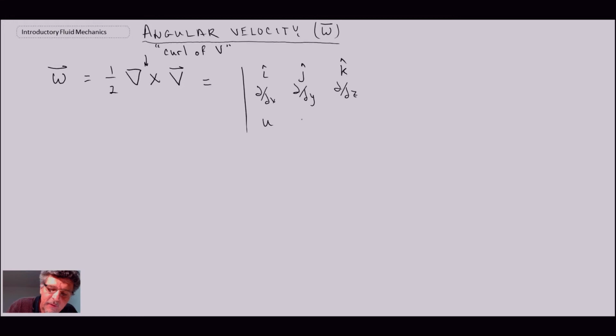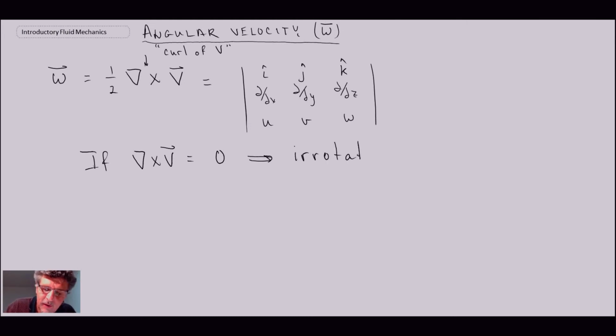And in the third we have u, v, w. That would be the way to determine the angular velocity, which again is related to vorticity in a fluid flow. Now, if del cross V is equal to 0, that is an indication of a special kind of flow that we call irrotational.